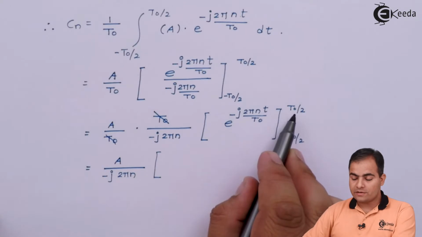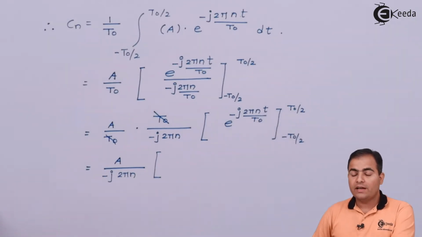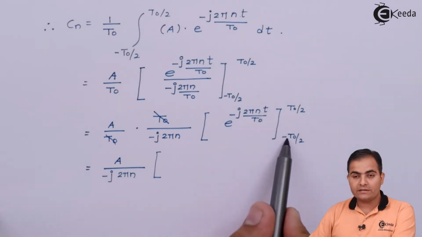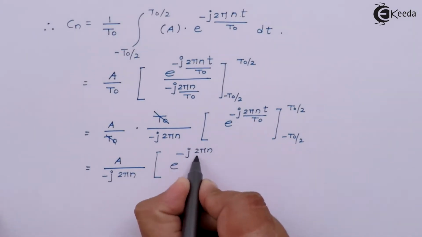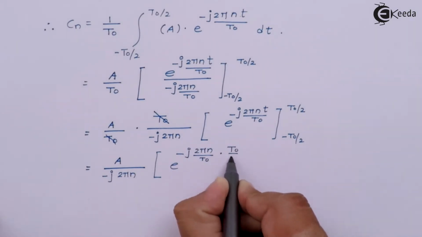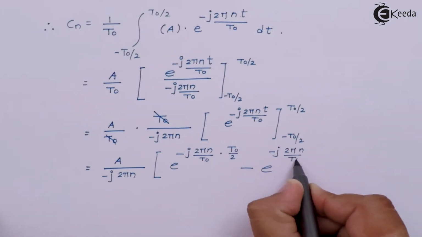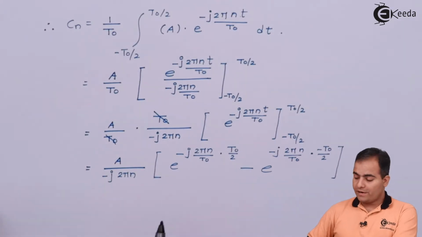Here I will substitute first of all the upper limit, that is this t is replaced by t naught by 2, and then I will substitute the lower limit, that is again this t is replaced by minus t naught by 2. Look at here.